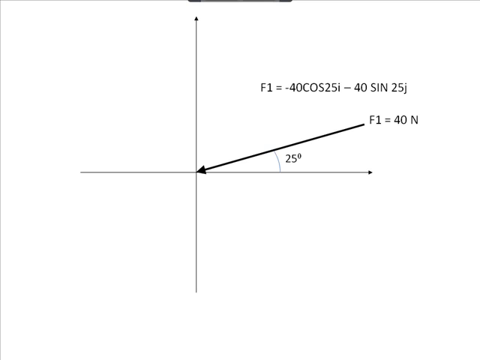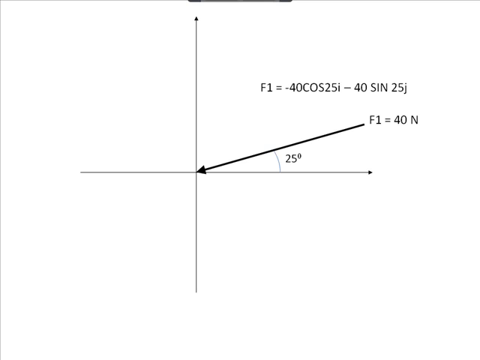Understand the method of resolution which I am proposing. We will always take the angle with the x-axis, the smaller angle. In the sense, with the x-axis, if you do 180 minus 25, that is also an inclination with the x-axis, but we will take the smaller angle with the x-axis, that is 25 degrees. If we do that, then the x component is always cos and the y component is always sine.